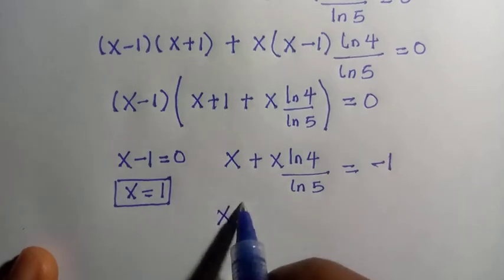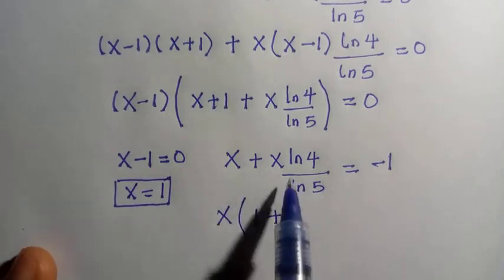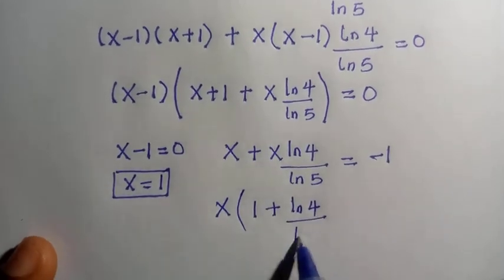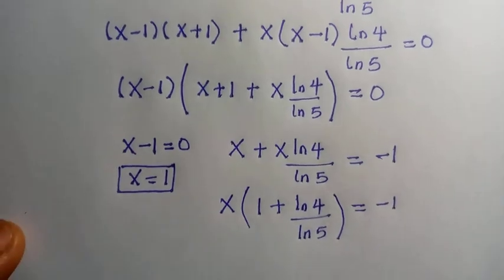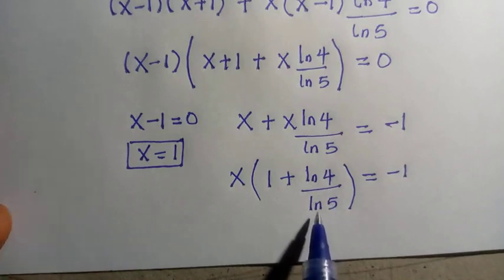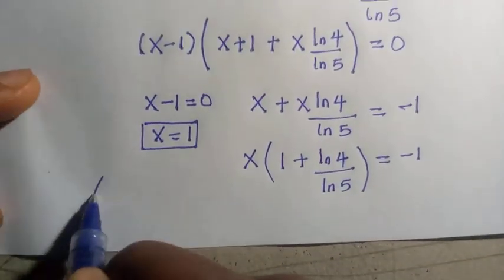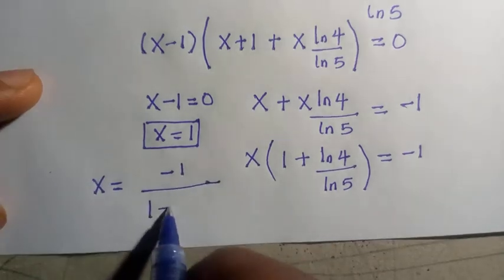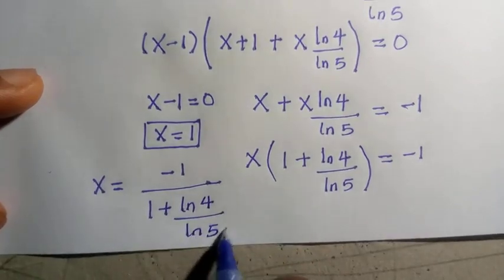When we factor out x, here becomes 1 plus ln 4 divided by ln 5 equals minus 1. And we divide both sides by 1 plus ln 4 divided by ln 5. Then we get the value of x as x equals minus 1 divided by 1 plus ln 4 divided by ln 5.